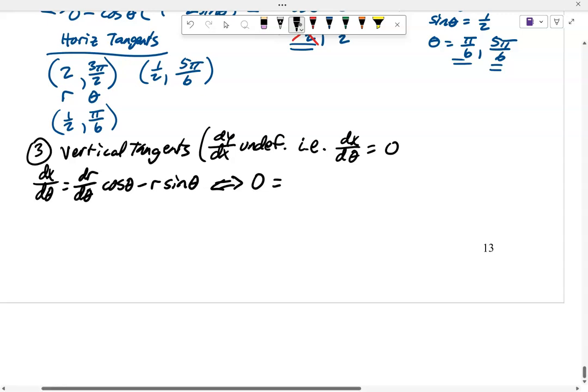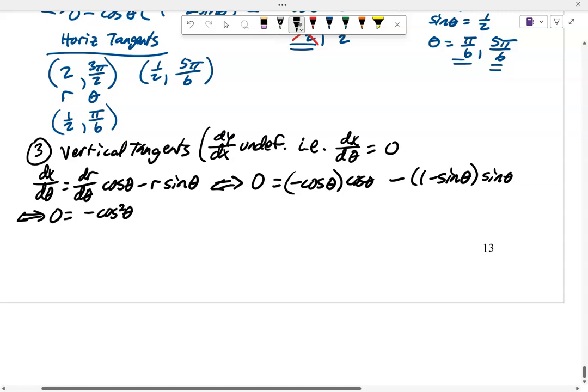My dr d theta here is negative cosine, we said, times cosine, minus my r, which is 1 minus sine, times a sine. And so we've got 0 equals negative cosine squared minus sine plus sine squared.